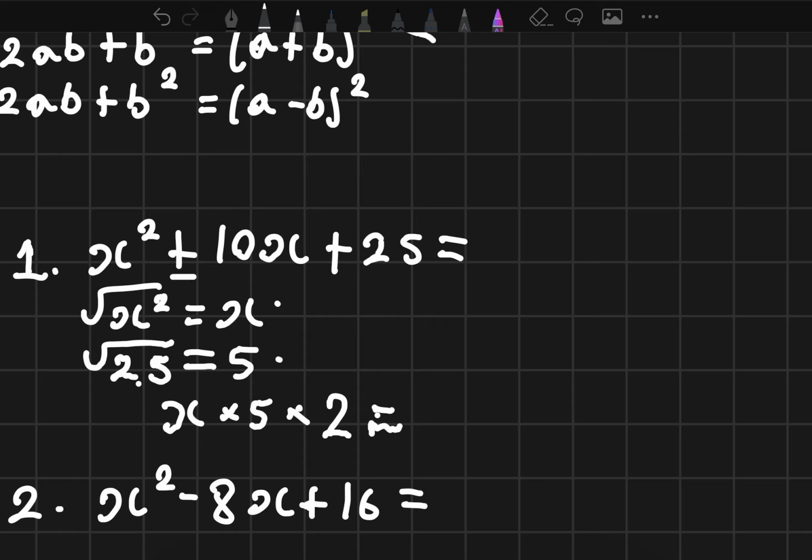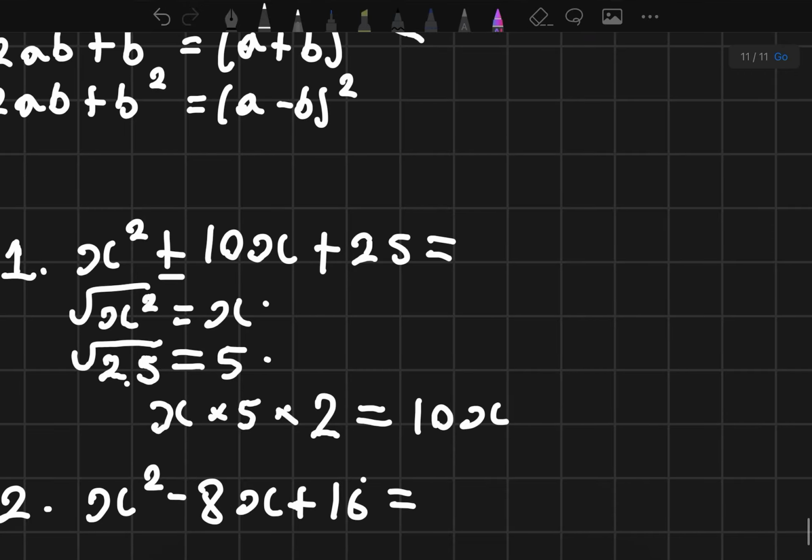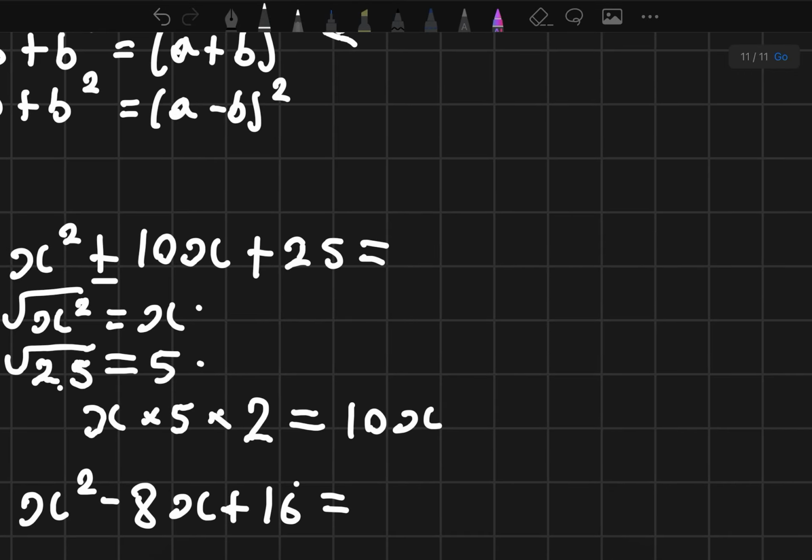Sorry, guys, I don't know why my pencil's doing that. It should be equal to 2ab, which is 10x. So this is equal to 10x. So that means the final simplified answer for this is x plus 5 squared.